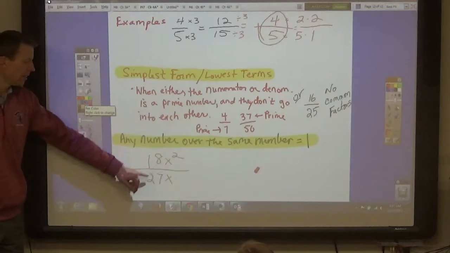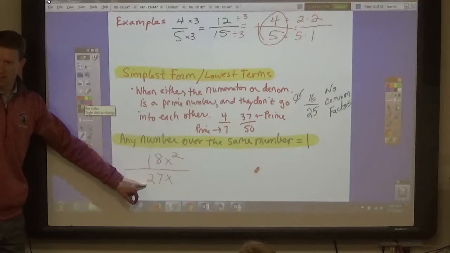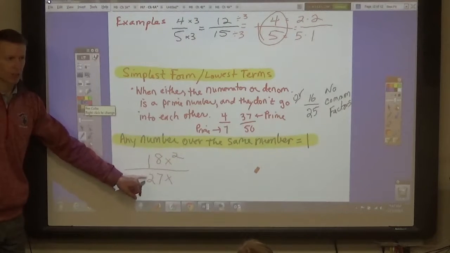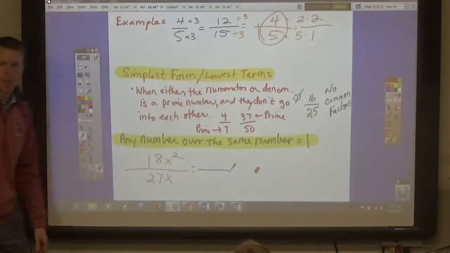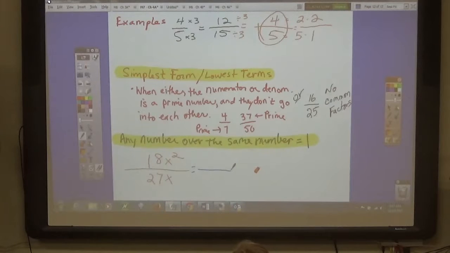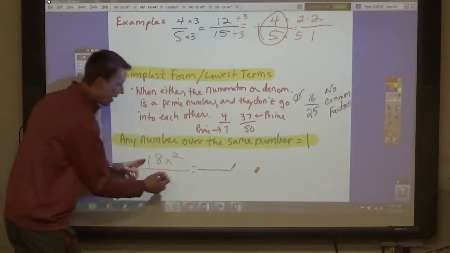Okay, now 18 and 27 have common factors. What common factor should we use to reduce it? What can we take out of both 18 and 27? 3.